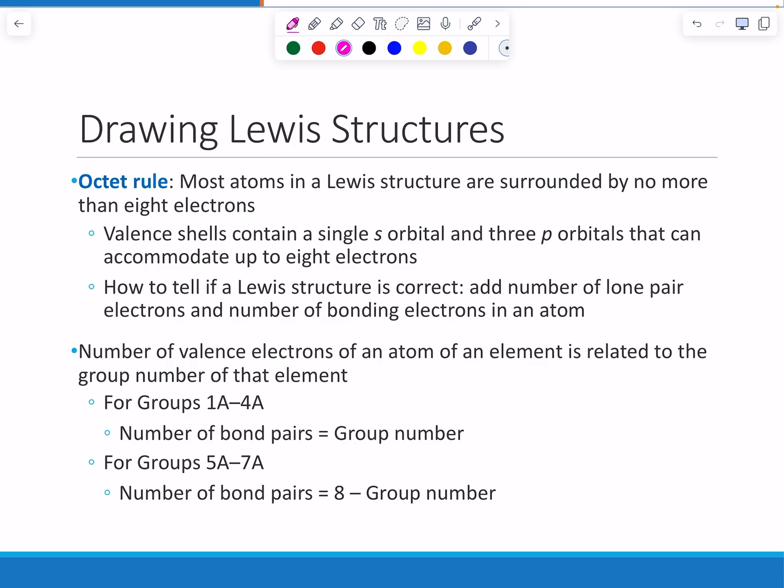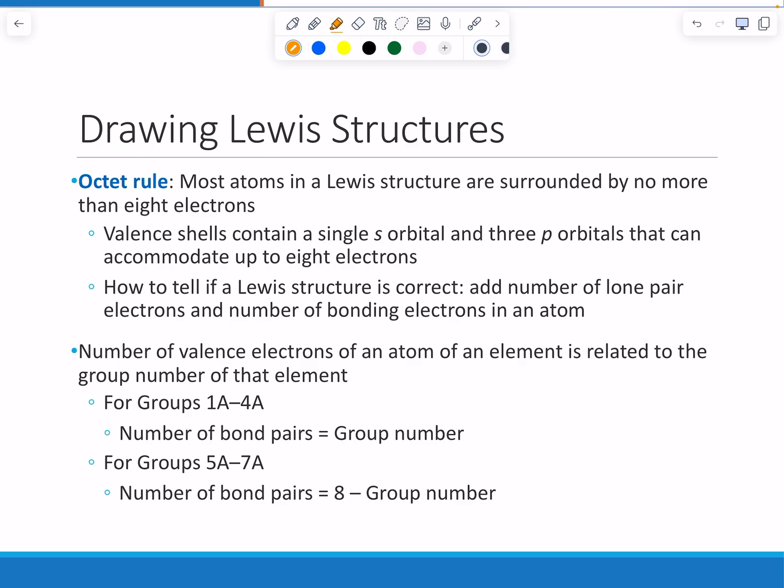So the first general principle that we follow, and again, this doesn't work consistently for things much beyond the third row. It depends on where you are on the periodic table.